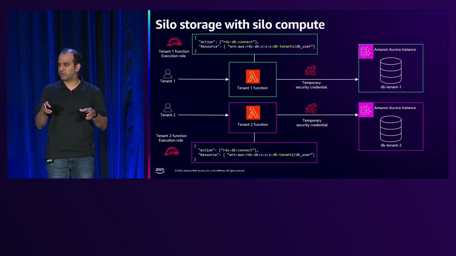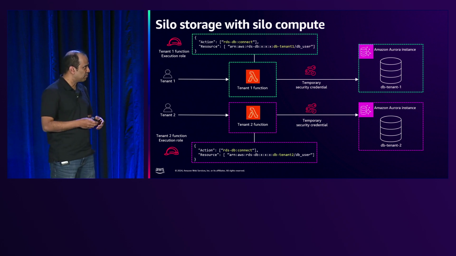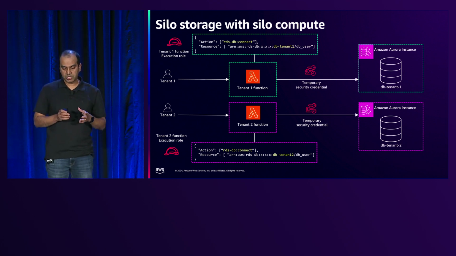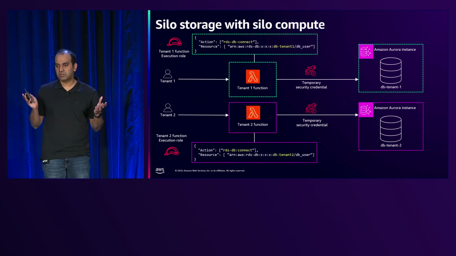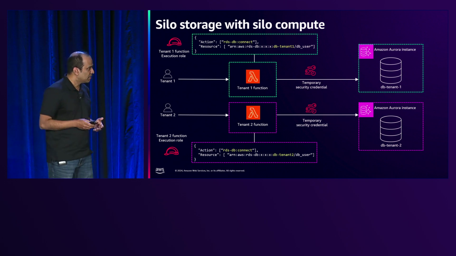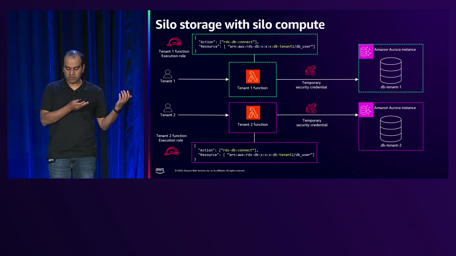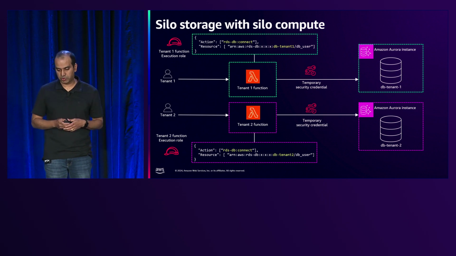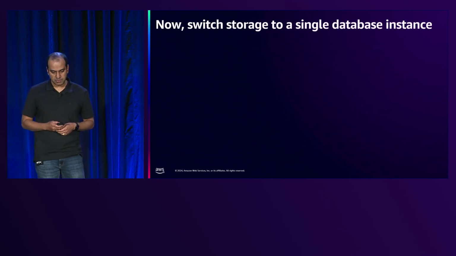From a network segmentation standpoint, you can place one Aurora instance in one particular network segment, the other one in a different network segment. But at some point, the challenge with this model is that you're going to run out of limits, right? If you have hundreds and thousands of tenants, back to my point earlier, you're going to have to manage all these different systems. That can get a little bit challenging.